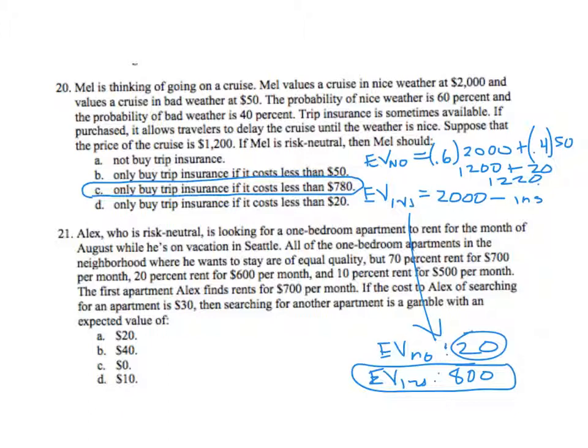it's just what's the... he's got $700 a month, so let's think about it. With 70% chance he finds another $700 apartment, but he's got a 20% chance of saving $100 a month.